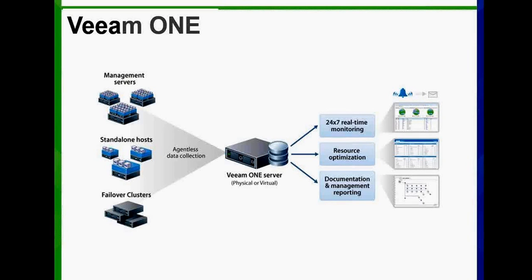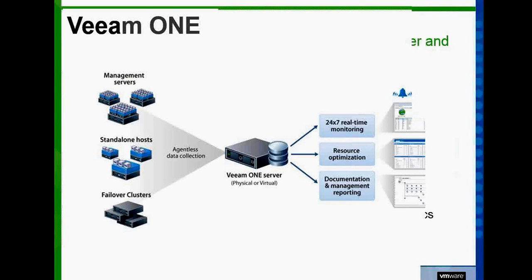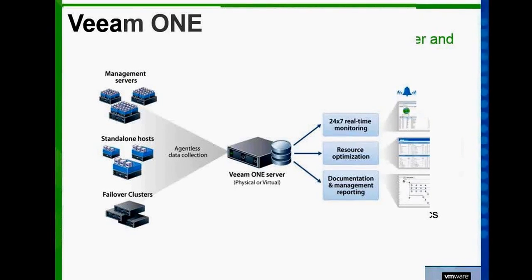Basically, Veeam ONE provides the virtualization administrator with a single, easy-to-use and powerful solution for 24/7 real-time monitoring and resource optimization, documentation, and management reporting of multiple host management servers as well as failover clusters. Veeam ONE is used by more than 60,000 virtualization professionals today, and it is a framework-independent solution, ideally best suited for SMBs. So this is a quick overview of Veeam ONE.